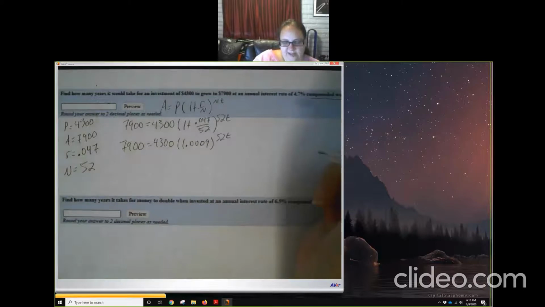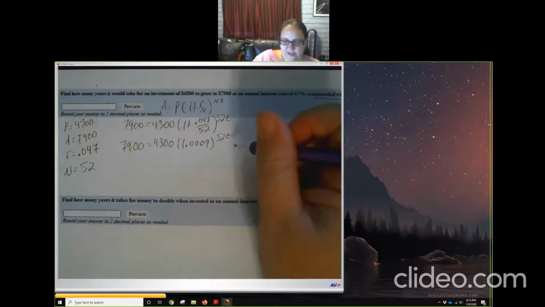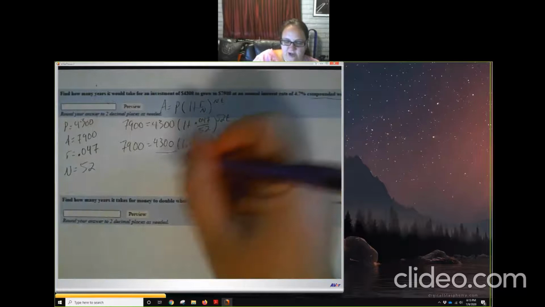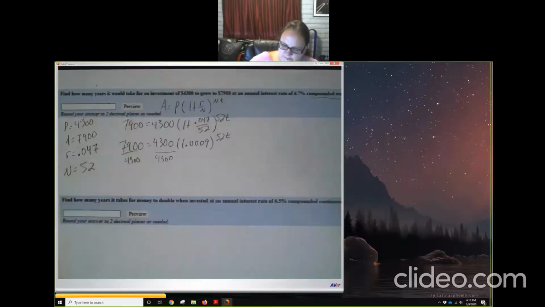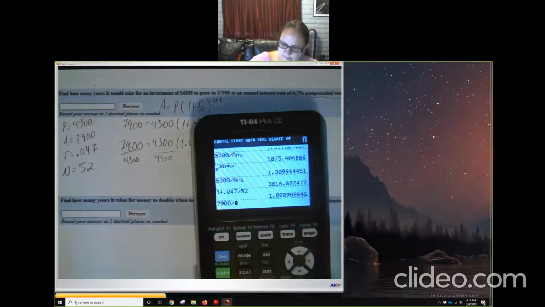Well, this looks a lot like some of those equations that we were solving last time. So I'm going to divide by this 4,300. So 1.8372.